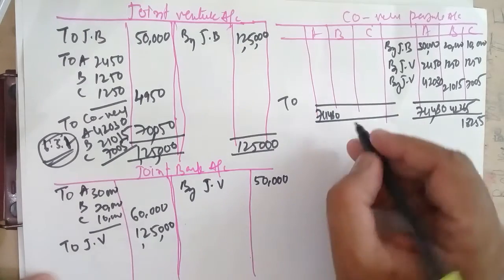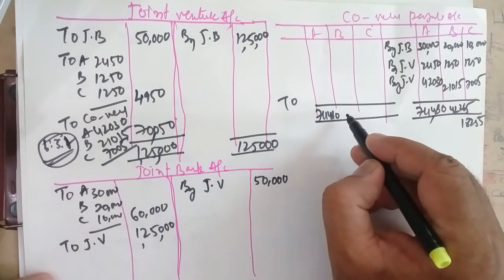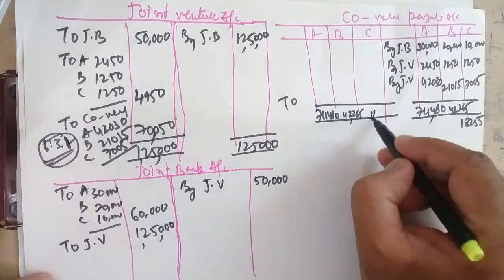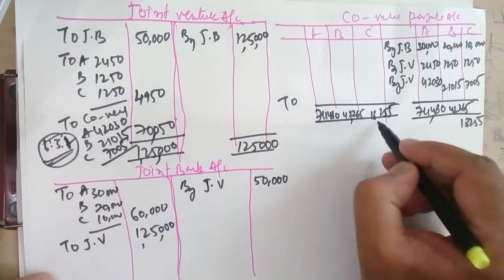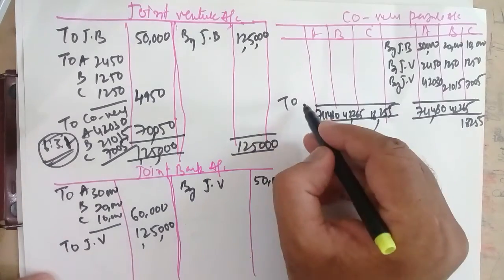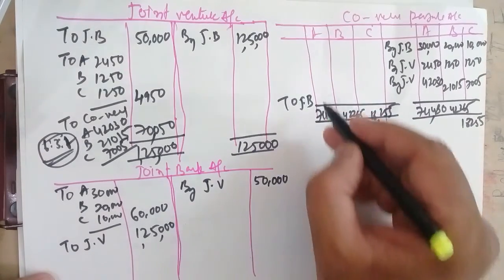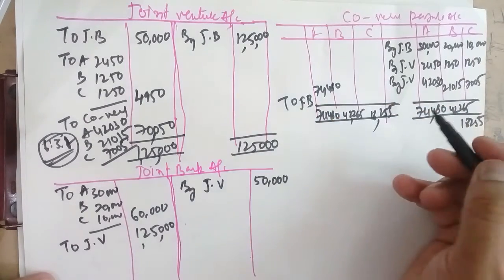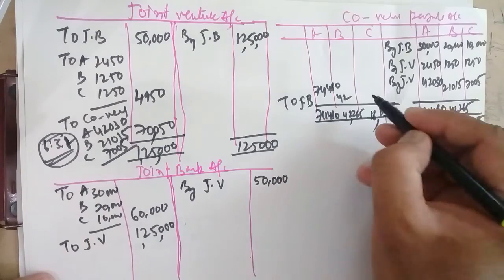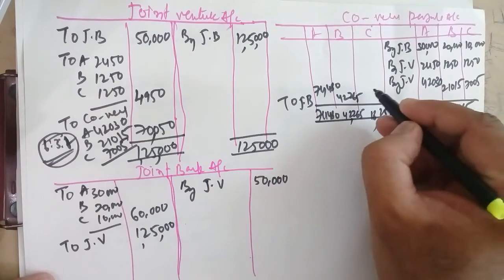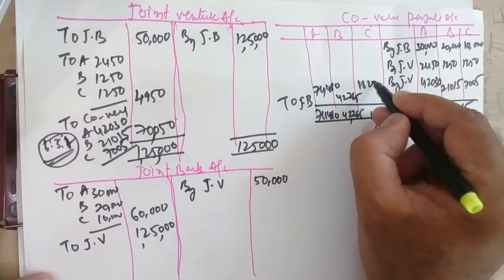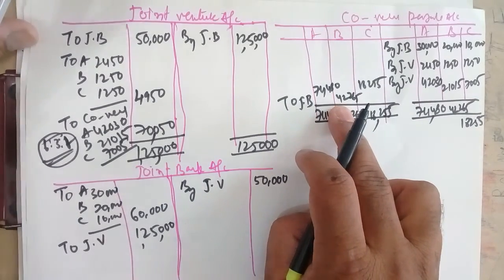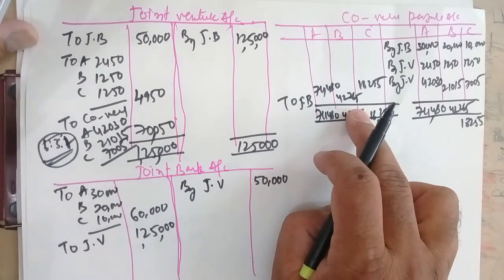So these amounts, that is 74,480, 42,265 and 18,255, should be transferred to the joint bank account, the same amounts. It is the balancing figure in the joint bank account.